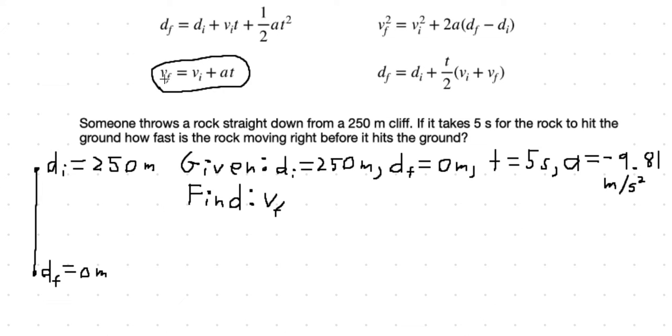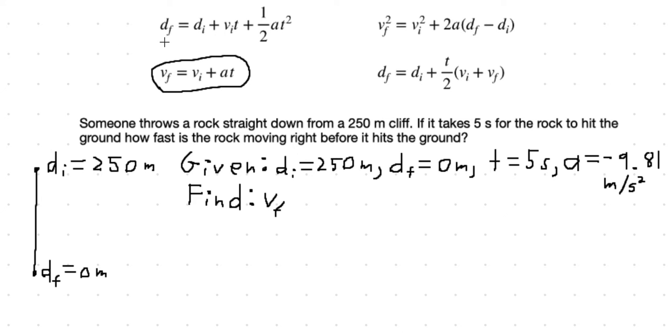We don't know what VF is, we don't know what VI is, but we know what A and T are because we're given those variables. So we're trying to find VF, we don't know VI, so we can look for another equation that contains VI and all the other variables in that equation would be given to us. So is there another equation that has those conditions?